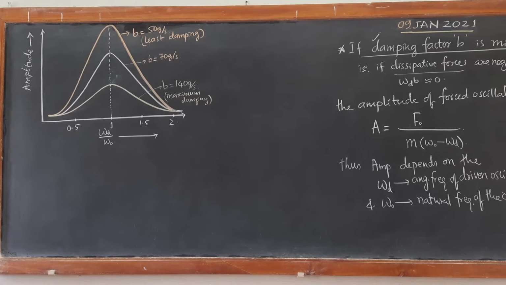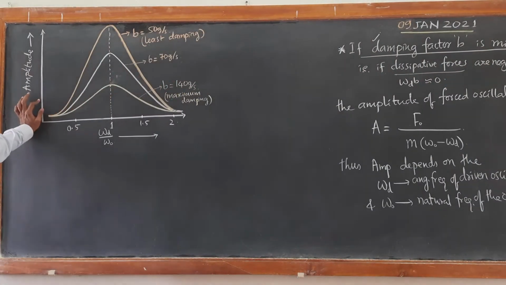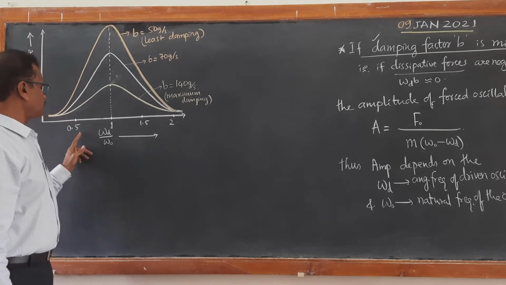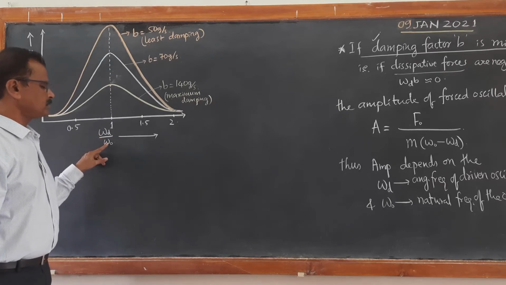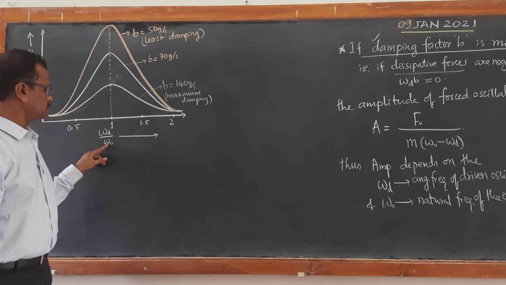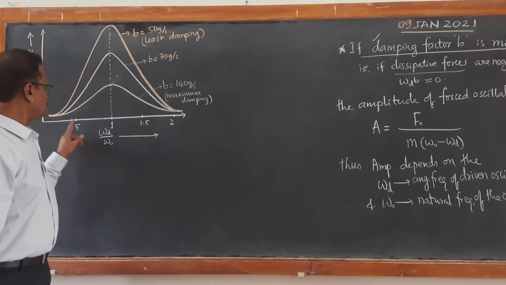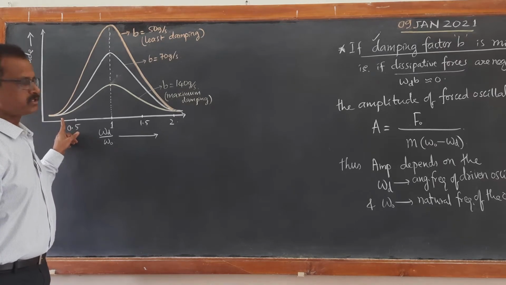Now look at the graphs. I have drawn the graph of amplitude versus the frequency. If the driving frequency omega d almost approaches the value of omega naught, then what happens to the amplitude of these forced oscillations?